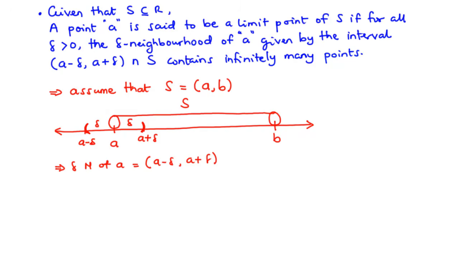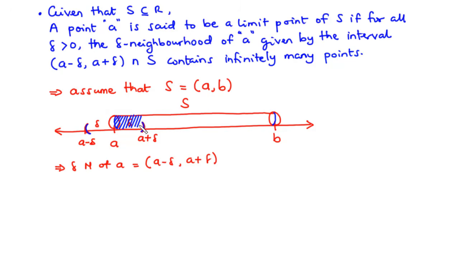So what do you think will be the region of intersection of the interval A minus delta, A plus delta, and S? Now we have S between A and then B, and then we have A minus delta, A plus delta to be this interval. Therefore, the region of intersection of these two intervals is going to be this region.